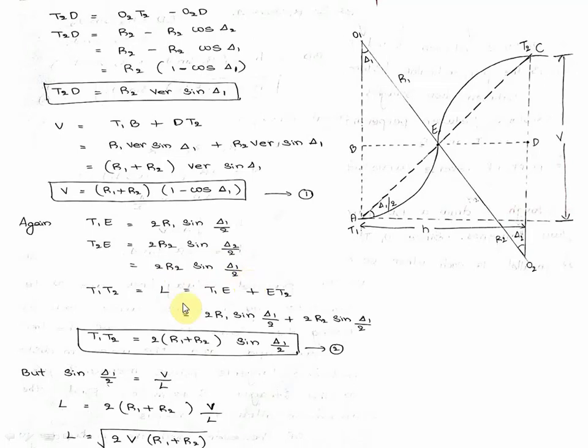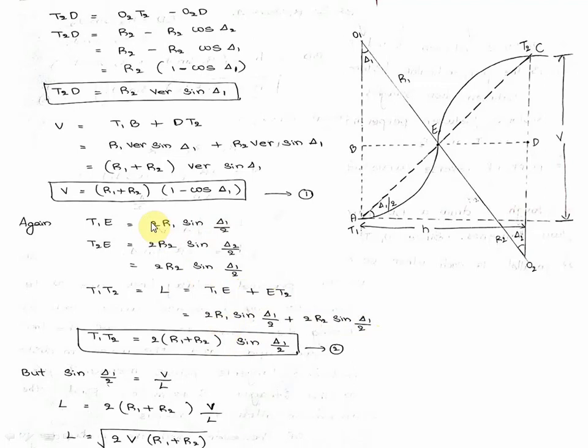Next, to find the total distance T1T2, that is L, capital L equals T1e plus eT2, correct? T1e is 2R1 sin delta 1 by 2, and eT2 is 2R2 sin delta 1 by 2.